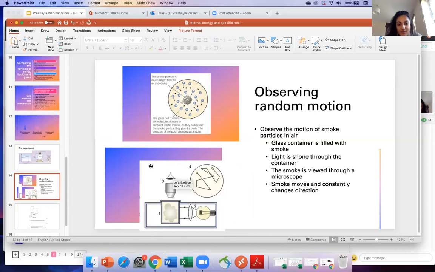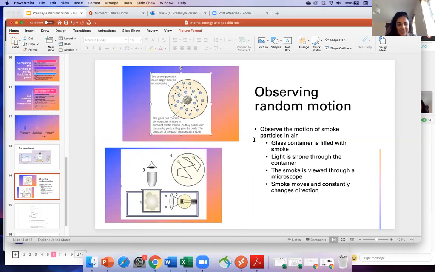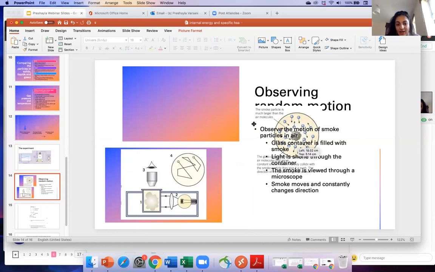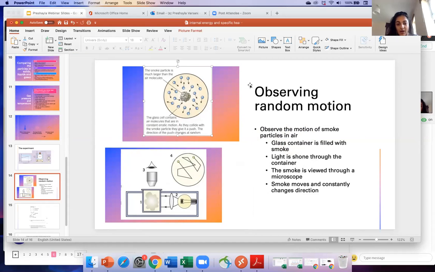So this gives rise to the random nature of gases. And the reason that we see this so well is because the smoke particles are much larger than the air molecules. And because the molecules are larger, they're easier to see. So the glass cell contains air molecules that are in constant random motion.